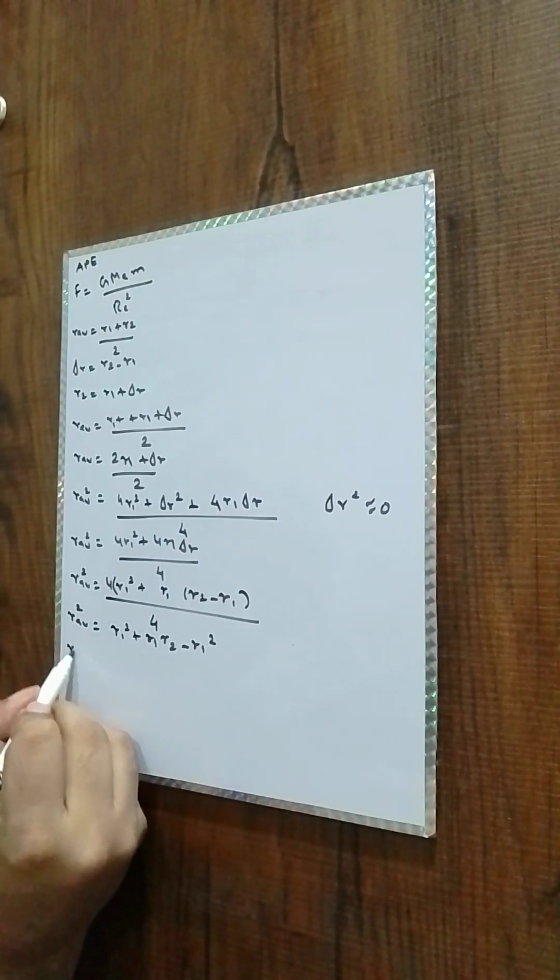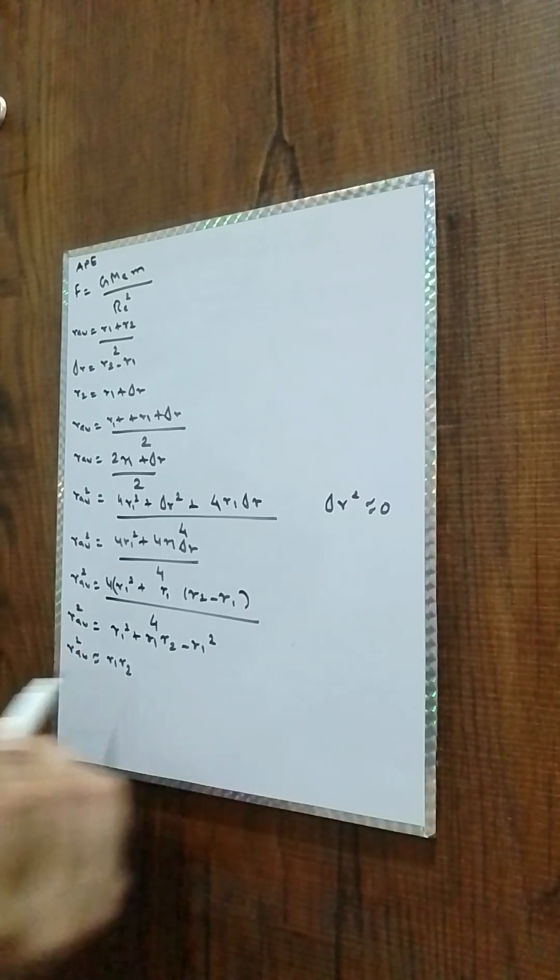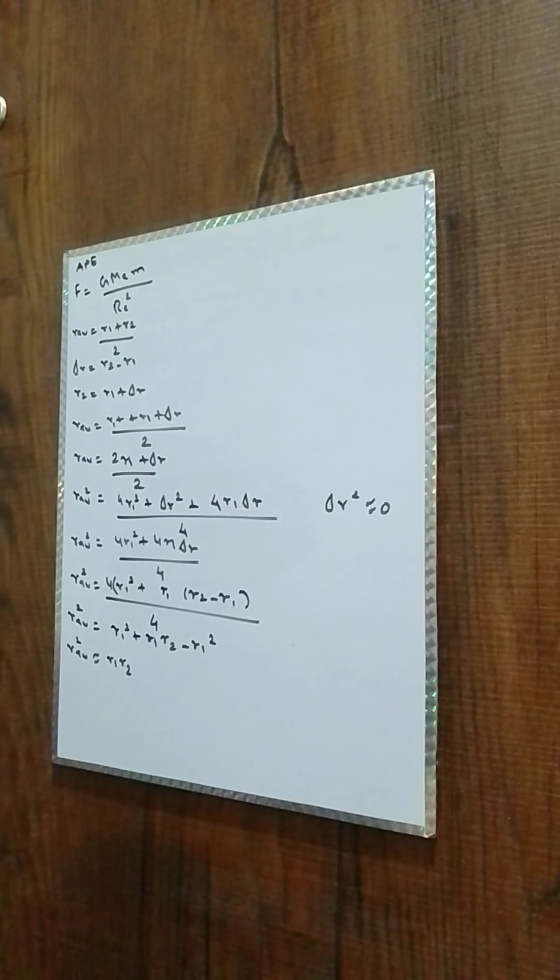Yes, so this becomes r1 r2, so our average square is now r1 r2 approximately after taking the approximation.